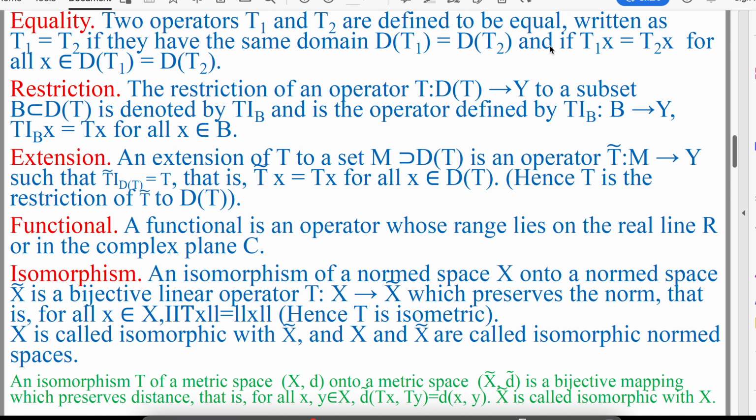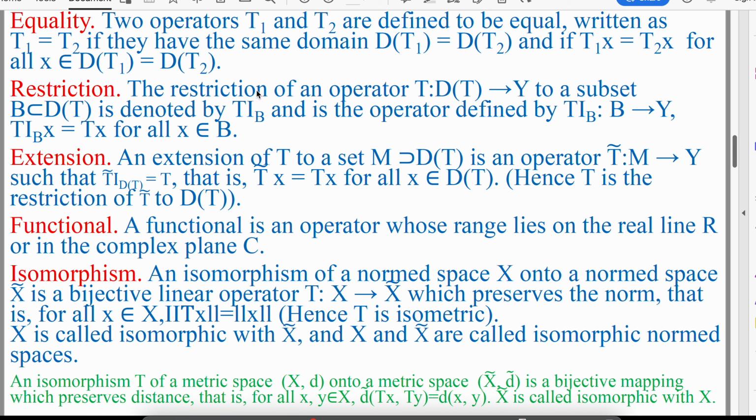Now restriction. The restriction of operator T from domain of T to Y, where B is a subset of D(T), is denoted by T, we write this straight line, and write B in the suffix.